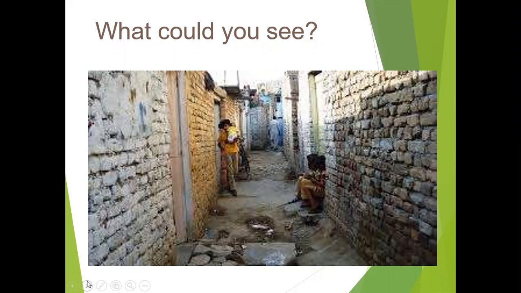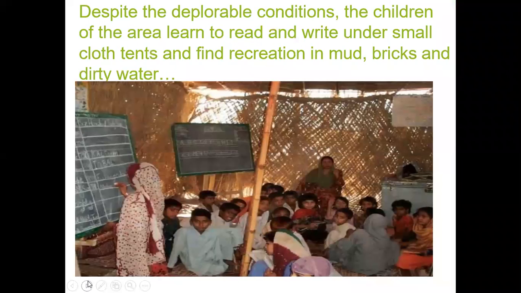No. What does it look like? Like poor people or rural areas, underprivileged. All right. It is showing poverty, Tahira. Yes. All right. It is a slum area. And people are living in miserable conditions.